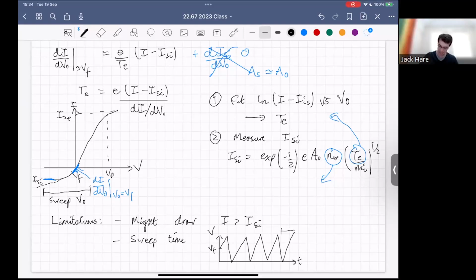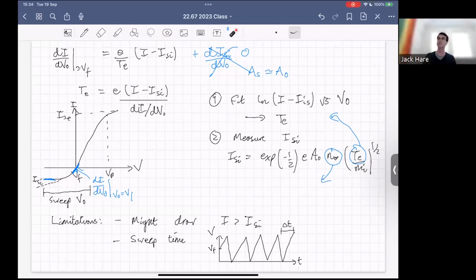But it takes some time, delta T, to sweep. That might be limited by how quickly your voltage source can sweep voltage, but it might also be limited by how quickly your digitizer can digitize data. Effectively, as you do this sweep, you're digitizing this curve, and you want enough data points on that to do all of your fitting. And so you are limited.